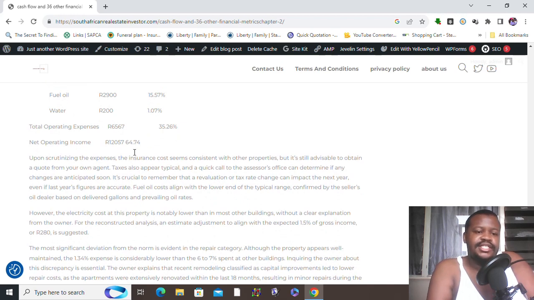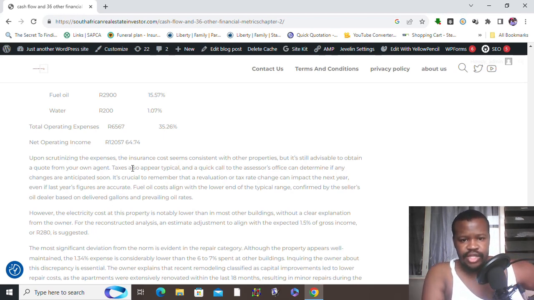Upon scrutinizing the expenses, the insurance costs seem consistent with the other properties, but it's advisable to obtain a quote from your own agent. Taxes also appear typical, and a quick call to the assessor's office can determine if any changes are anticipated soon.